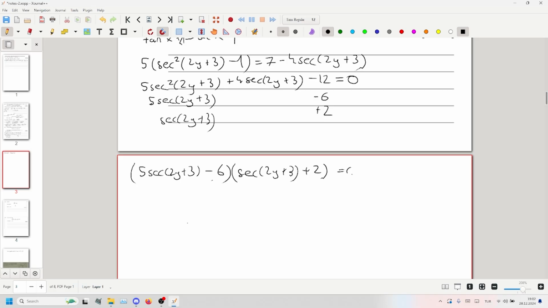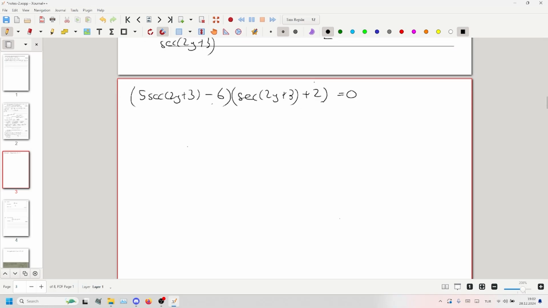And from this we can get 2 equations. So I'm going to begin with the second one here. Here our equation is that secant of 2y plus 3 is equal to -2. So that would give us cosine of 2y plus 3 is equal to -1/2.